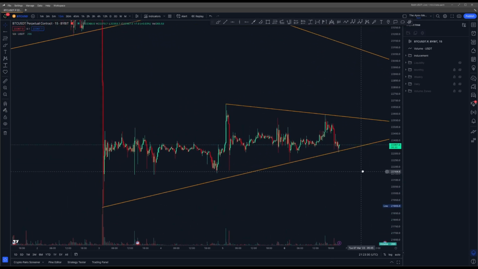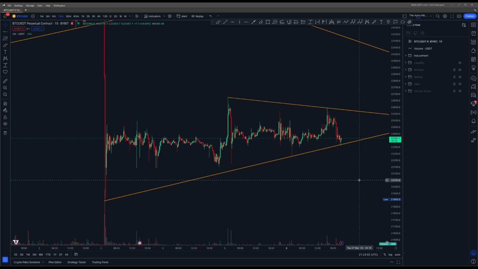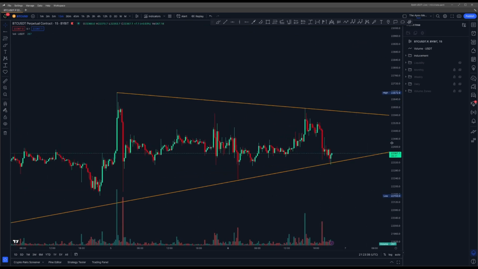Remember, the key to this is liquidity. If I'm a breakout trader and price breaks this zone here, what do you think I'm doing as a breakout trader? I'm aping in because I think this is the breakout. This is the time when big money's going to move.